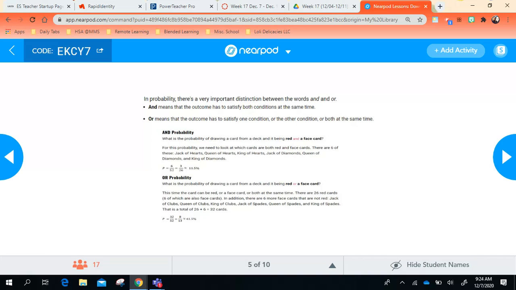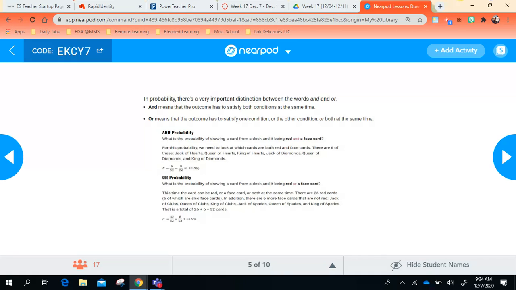So let's look at some vocabulary. It says in probability, there's a very important distinction between the words and or. So and means that the outcome has to satisfy both conditions at the same time.